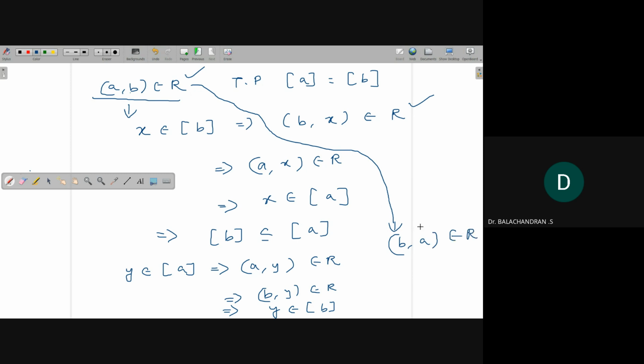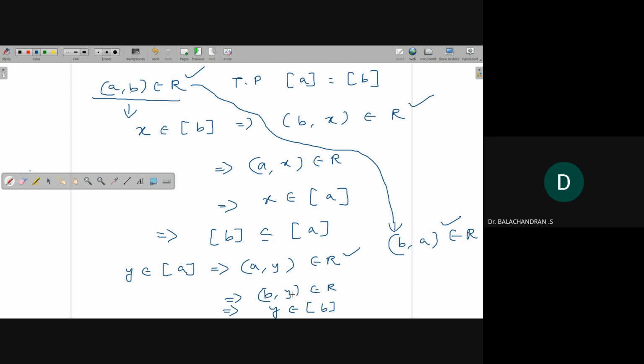Now using this and using this, so (B, A) in R and (A, y) in R, and using R is transitive, (B, y) in R. Okay, now I got this one.